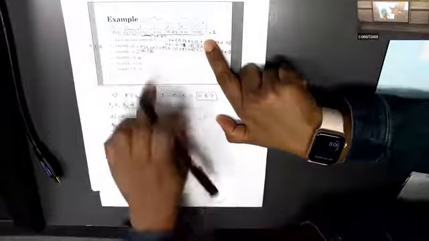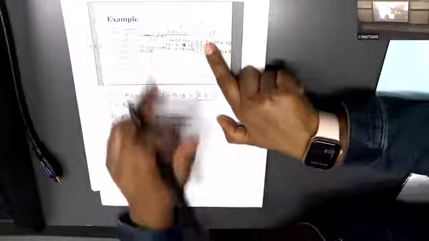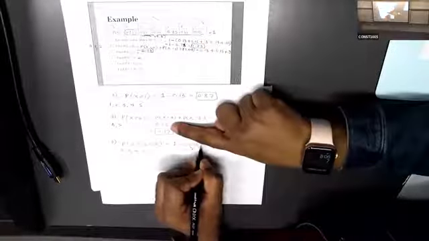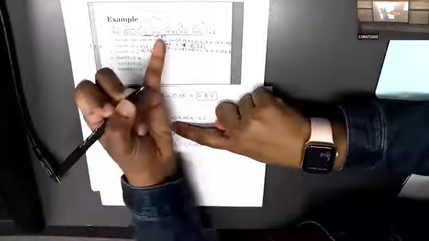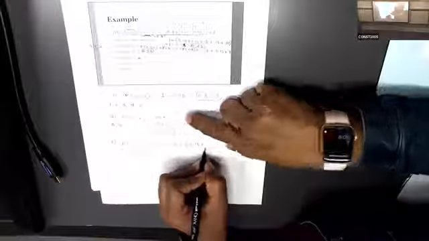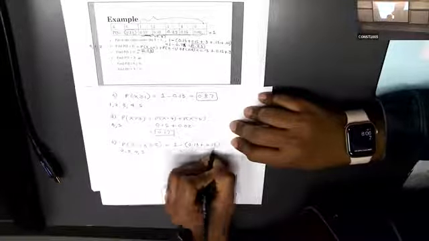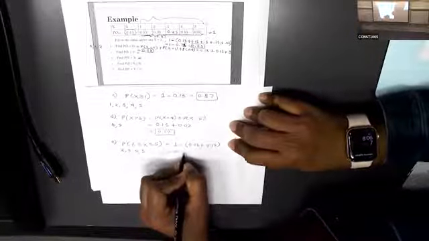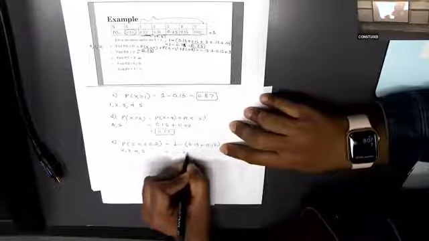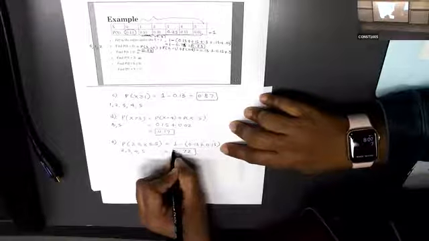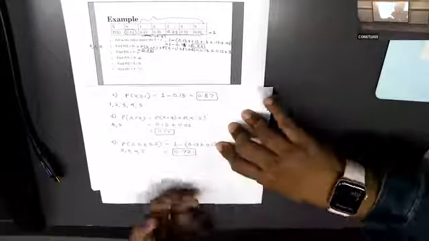That means you can do 1 minus, subtracting only the first two values. Same thing. If you want, you can add just the last four probability values, or you can do 1 minus the first two probability values. It's easy. That's why I'm doing that. So the answer is 0.72.